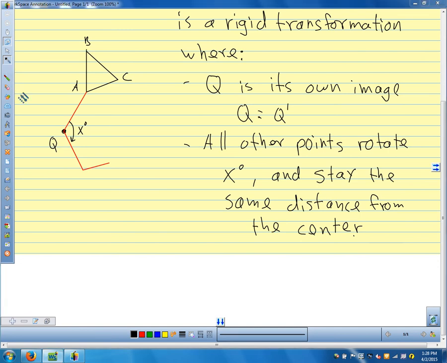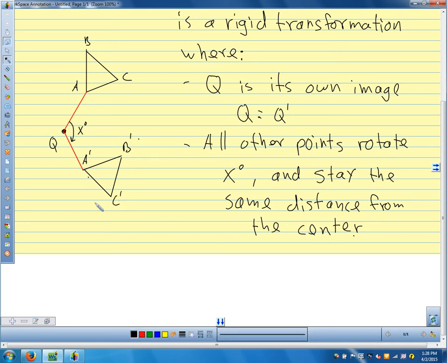I'll change the pen color. There we go. And I know my drawing's not perfect, but that would be A prime, B prime, and C prime.